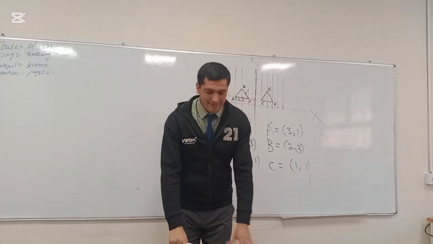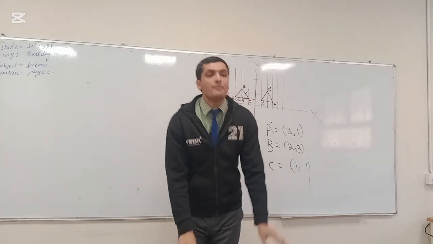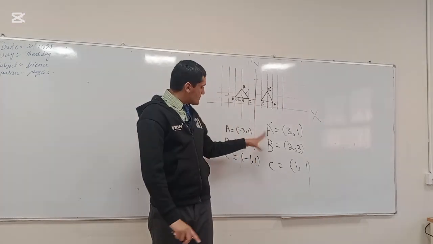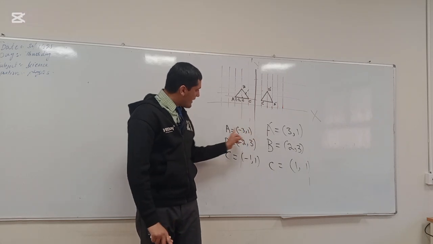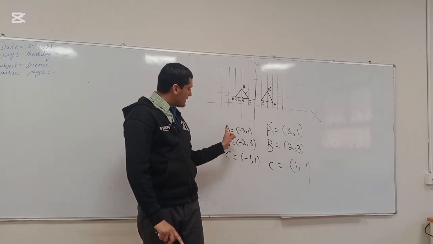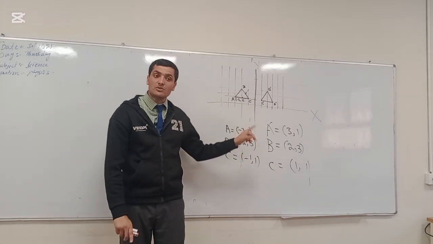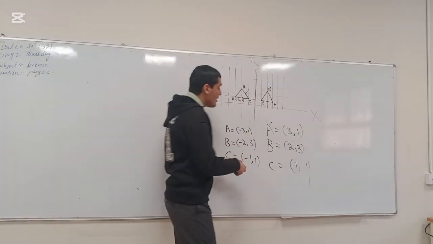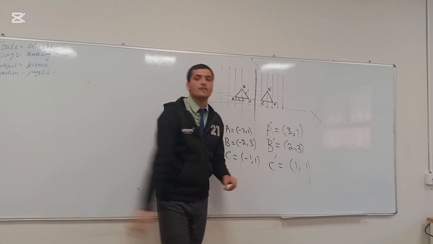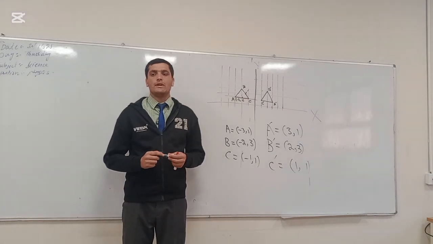Now, can anyone please compare the coordinates of A dash with A, B dash with B, and C dash with C. What has actually been changed? Observe it.